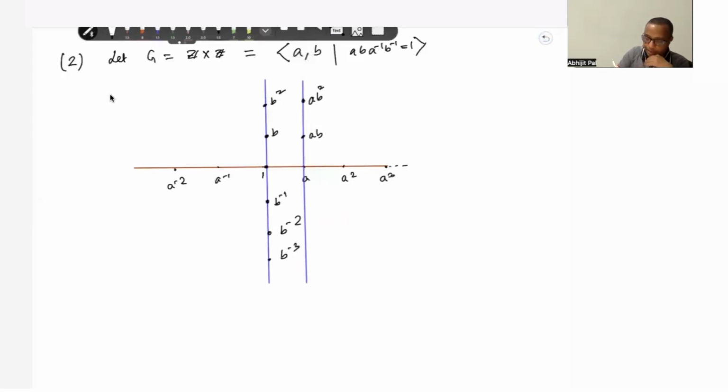And now this AB is equal to your BA. So in Z cross Z, AB is equal to BA. So now between this B and BA, you'll have an edge. So in fact, you'll get this horizontal line here. So in fact, the Cayley graph will be this lattice in R2.